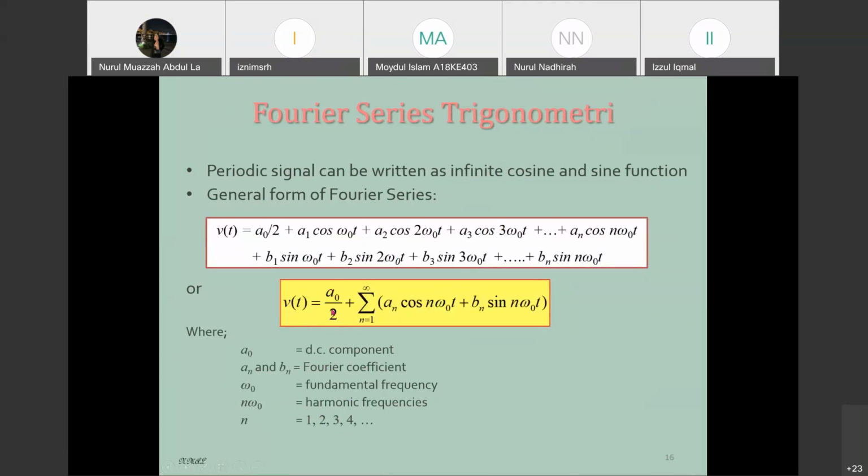It determines whether your signal is shifted up or down. Because this is a DC component, let's say this is 1, it means that the whole signal is shifted by 1 up along the axis, upwards.